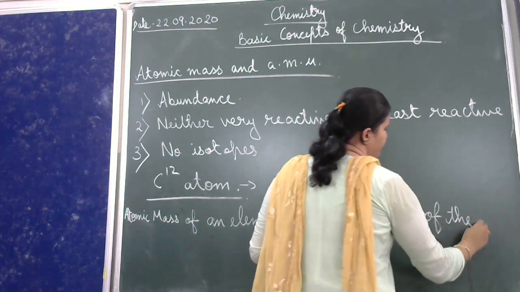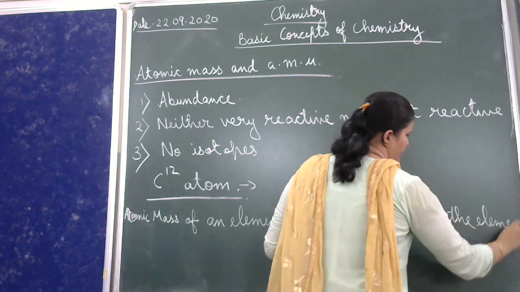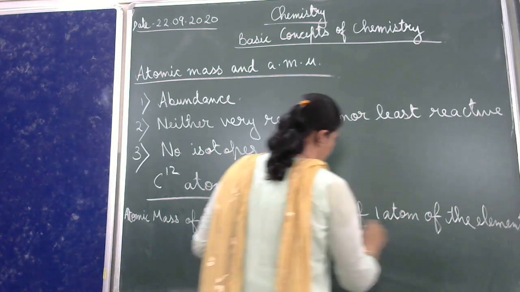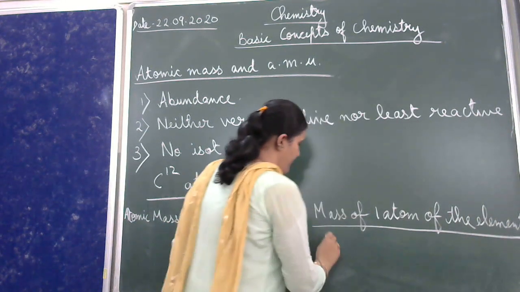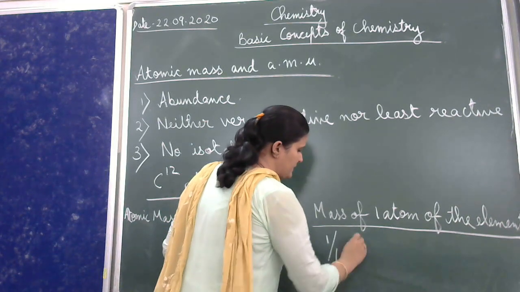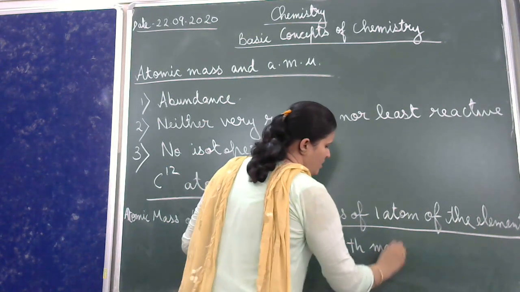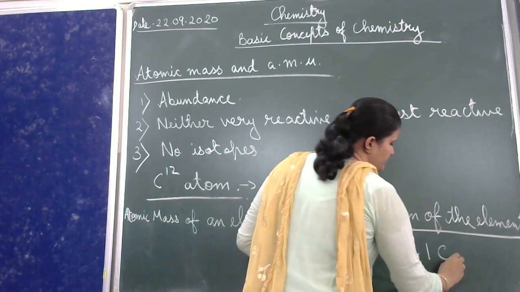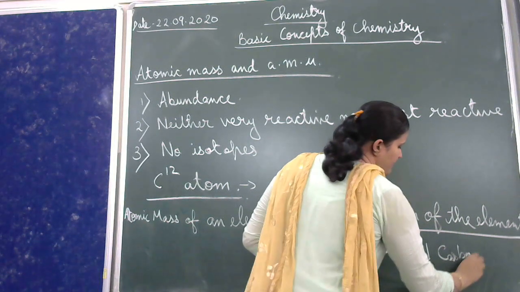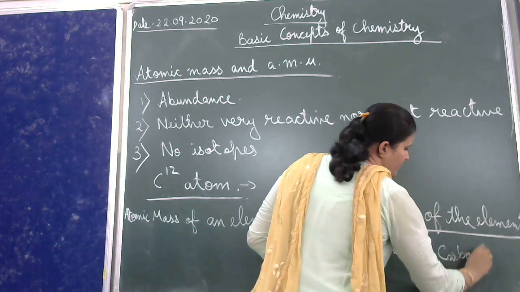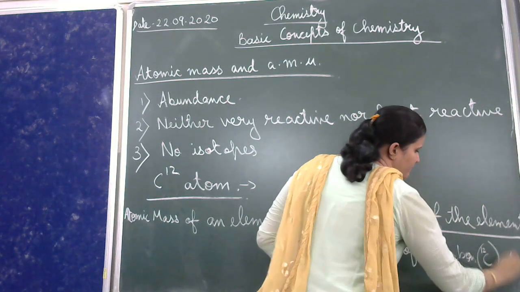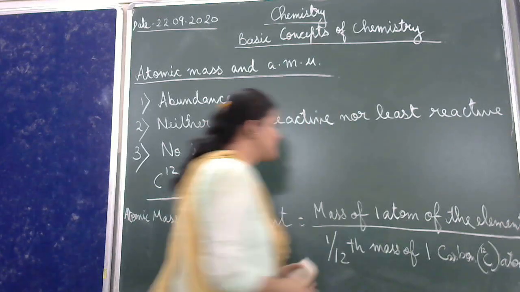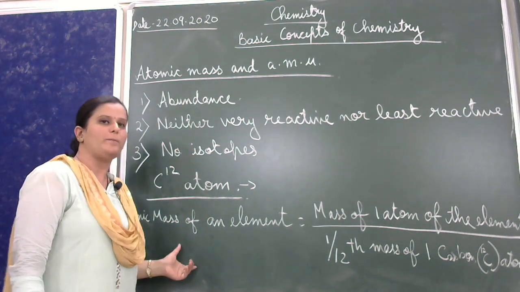divided by 1/12 mass of one carbon. Which carbon am I talking about? It is carbon 12, the carbon 12 atom. This is how we define atomic mass.